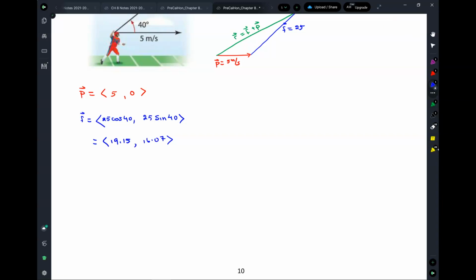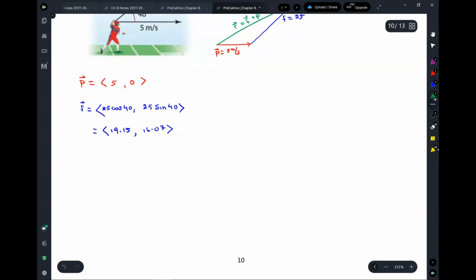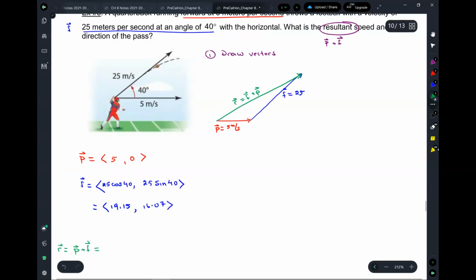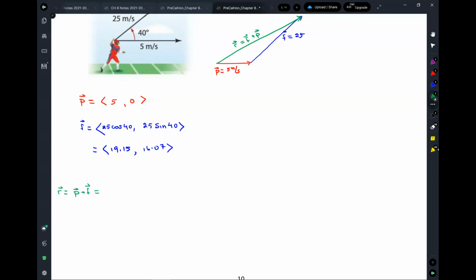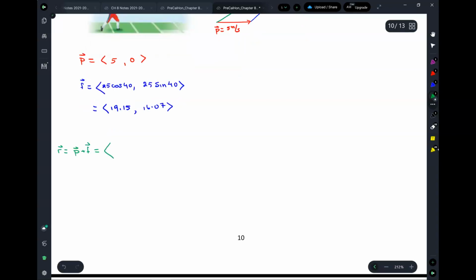Okay? Now, my resultant is P plus F. That's what I do over there. So the addition part is straightforward when you have the components. Once you have the components, you add this to this.